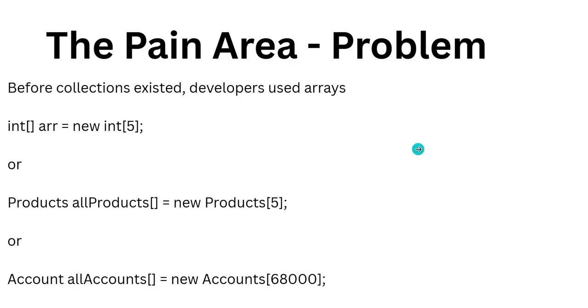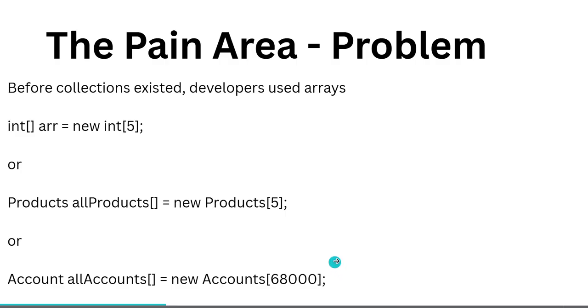Okay, so let's understand the core concepts. Before understanding the entire thing, let's start with the pain area, the problem area. Before collections, we used to write code with arrays, like int array equals new int of 5, or a product array or accounts array. You can observe that we are using a size of 5, or an array of 68,000 length, which is very annoying.